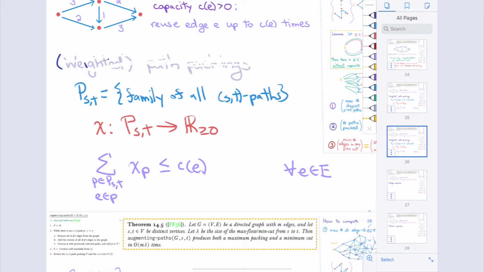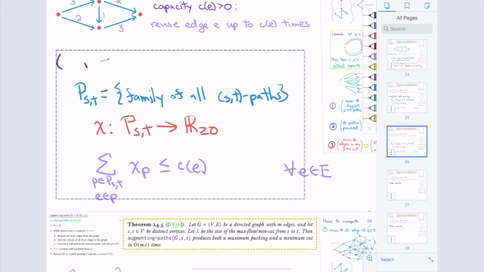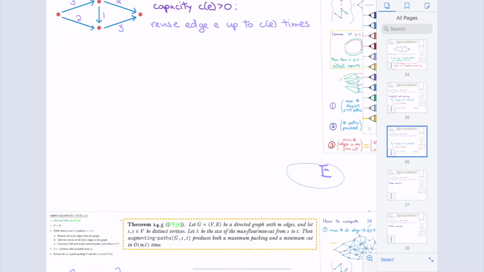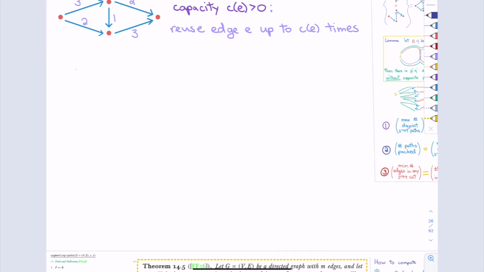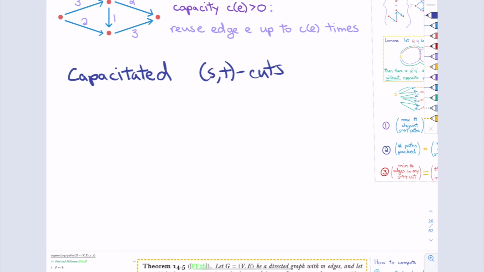At the same time, we can also talk about capacitated cuts. Before, we were just interested in the number of edges in any ST cut, which is very natural. Now, if we continue with our analogy where a capacity of 5 is equivalent to 5 copies of an unweighted edge, then instead of counting the number of edges in our cut, we should be interested in the total capacity of the cut.